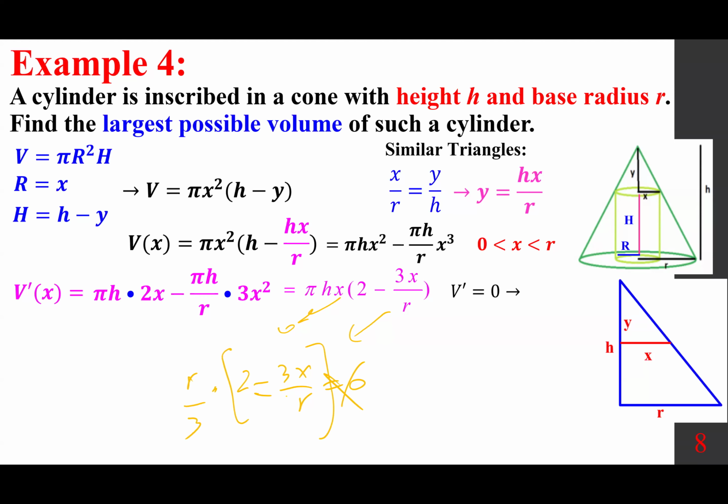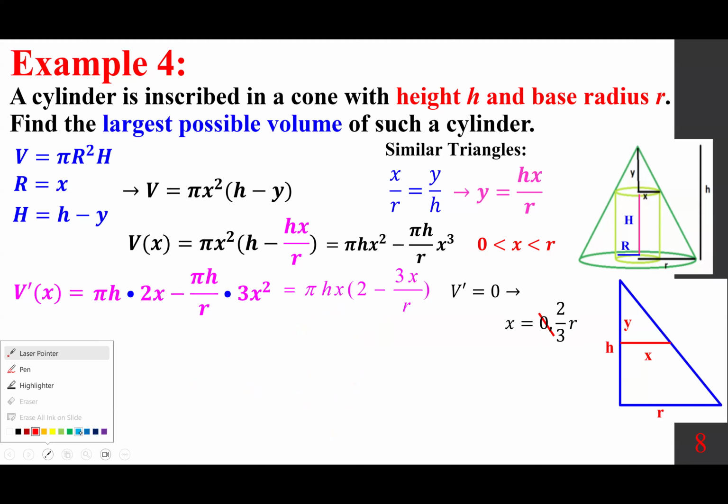See, this one is 3 over r. Let's multiply by the reciprocal. We get x is 2/3 r. So either x is 0 or 2/3 r, and obviously 0 is out because x is between 0 and r. In other words, if we were to write it in interval notation, we would write 0 to r.